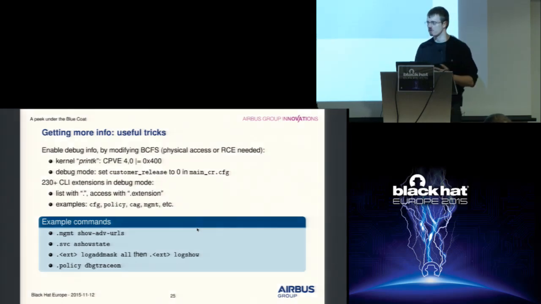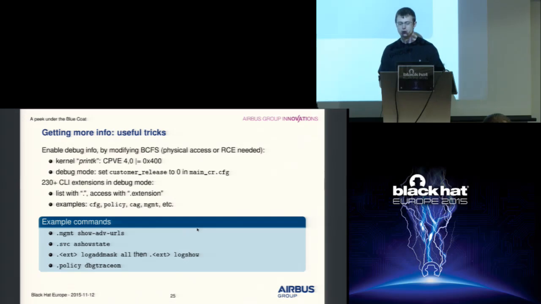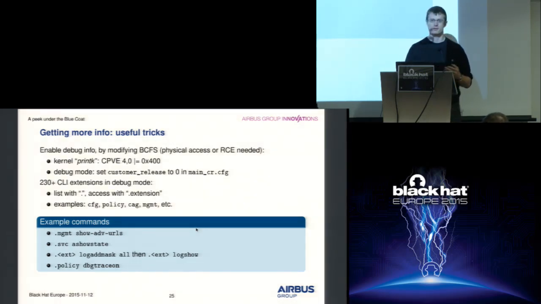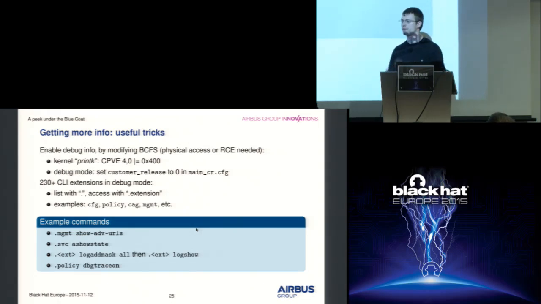By default, it tells you nothing. Most importantly, if you set the variable customer_release to 0 in maincr.cfg, you're basically changing your ProxySG to a developer mode, which gives you access to a lot of debug commands and information that is not possible by default.